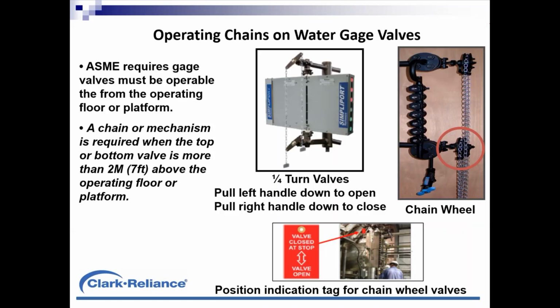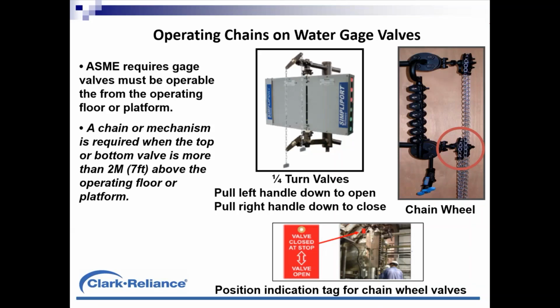When you look closely, the gauge manufacturers typically design these so that the chain wheel on the upper steam valve extends further away from the valve chamber than the lower valve, so that these chains will drop down next to each other without tangling. If you look at the image down below, the ASME code requires these valves to have some indication of their position as open or closed.